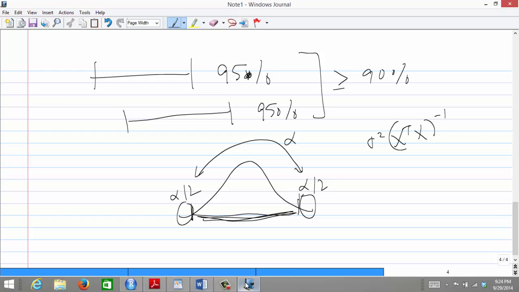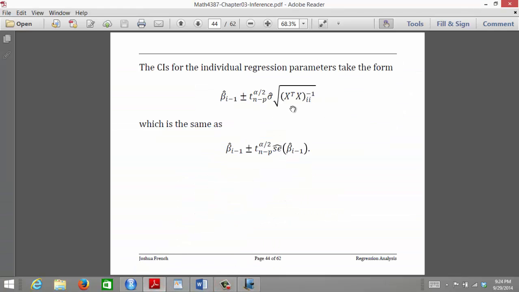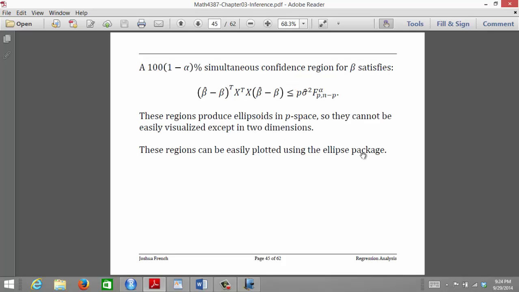This is just telling me that I want the information in row i, column i, and that's going to be the information related to regression coefficient i minus 1. So this tells us exactly how we calculate this estimated standard error. And this is the formula that we use for the individual confidence intervals of our true regression coefficients for each predictor variable.